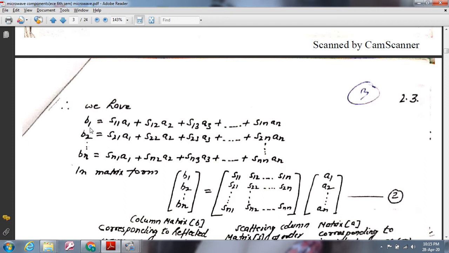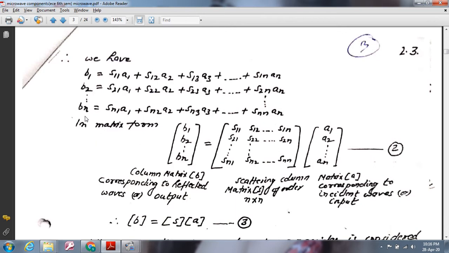Similarly B2, here we are considering that our microwave source is connected at line number 2. That is why S2, S2 and S2, and this second number signifies from where we are getting the reflection, and this A the corresponding input.